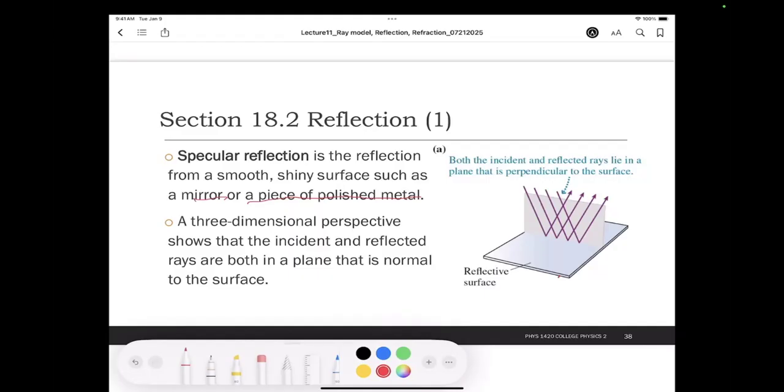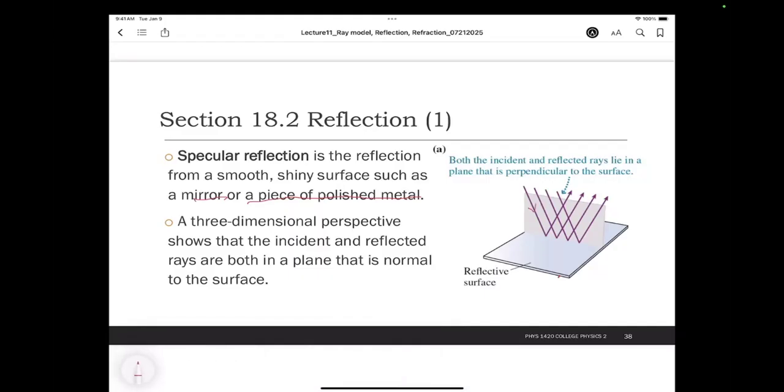This is the incident ray, and this is the reflected ray corresponding to this one. Those two are both in this plane here.